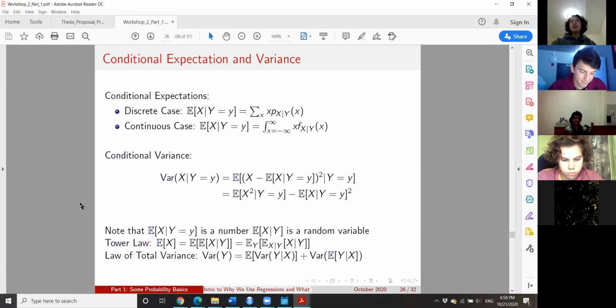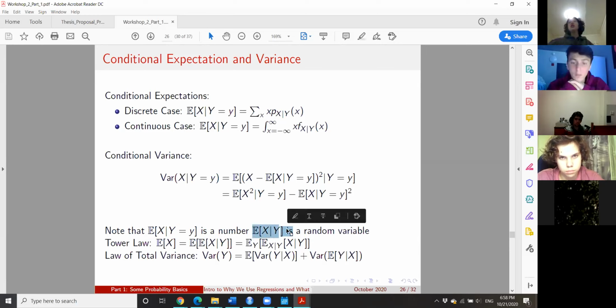Okay. So conditional expectations and conditional variance. You can also have conditional expectation and conditional variance, because remember, you can think of the conditional probability distribution as a new random variable. In this case, you then can also have expectation and variance of it. Something that's important to note over here, I mean, this looks like it's just a notational thing, but it's actually very important because here you're picking the average of X if you have a particular Y. And here you're letting Y vary.